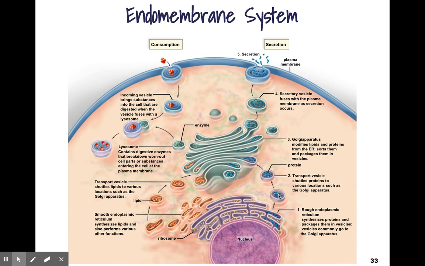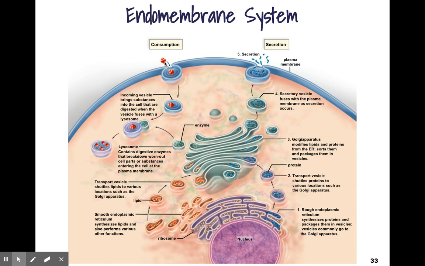This vesicle here now is going to attach to the Golgi. The Golgi now is going to package and sort and modify it. So if there's a mistake, the Golgi will fix it. Then it's going to ship the protein now into another vesicle. This vesicle here now merges with the cell membrane and the protein gets secreted.